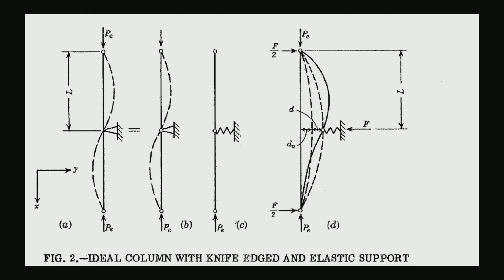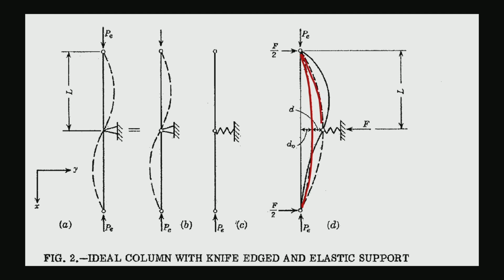First of all, you will see this line, the dotted line. It goes like this. Column has not buckled yet. It has the second order effect, but it's not mobilizing the full buckling load yet.